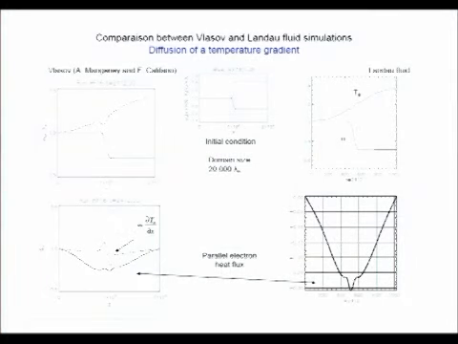PowerPoint thing, but in order to show you what happens on the diffusion of a temperature gradient, we take an equilibrium where this is the temperature and this is density, so pressure is constant, and you have a jump in temperature at the center of the domain. And we've done Vlasov simulation with André Mangeney and Francesco Califano, who is here, to show the evolution of the quantities, and we have done analogous Landau fluid simulations.